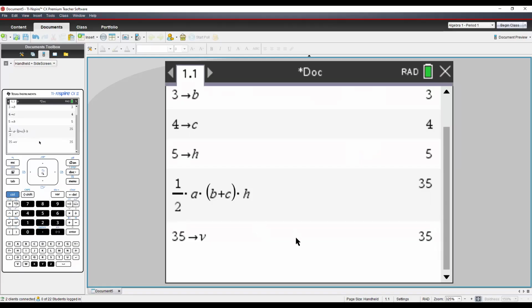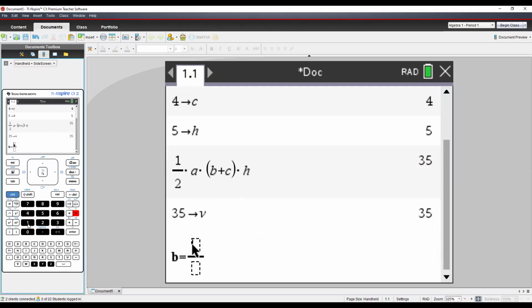So I'm going to put in the first one. This is B equals, I got a stack fraction, it's going to be V over 2AH, 2 times A times H. Remember, you got to put a multiplication symbol between those variables, otherwise the calculator gets confused.